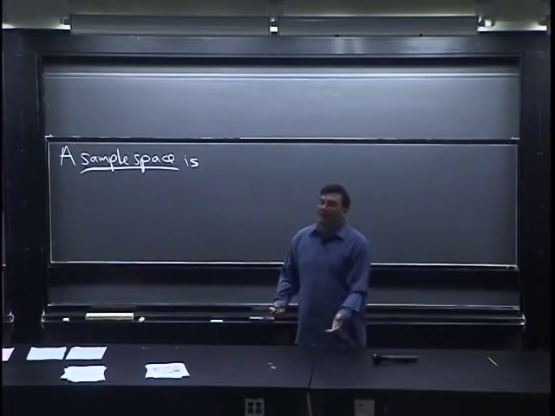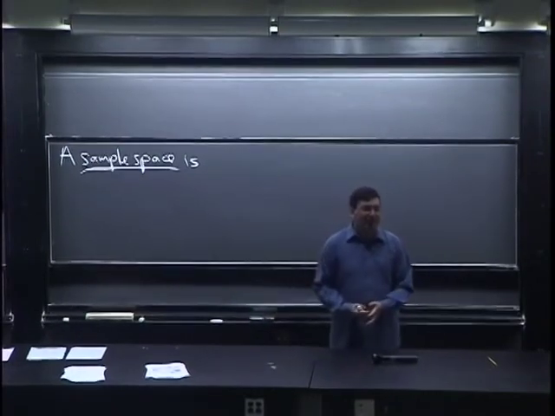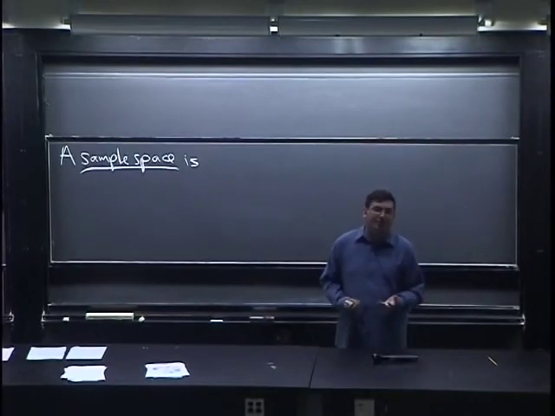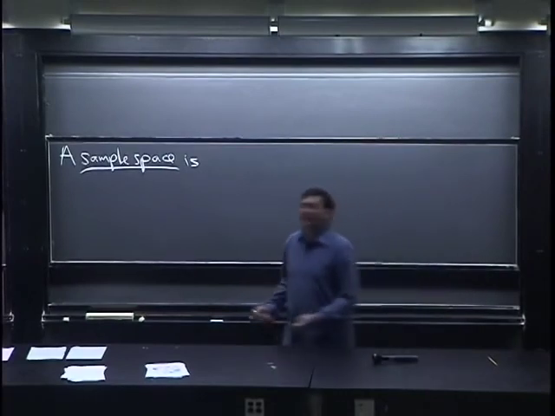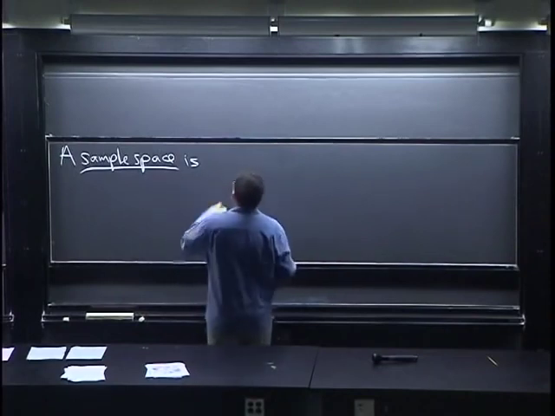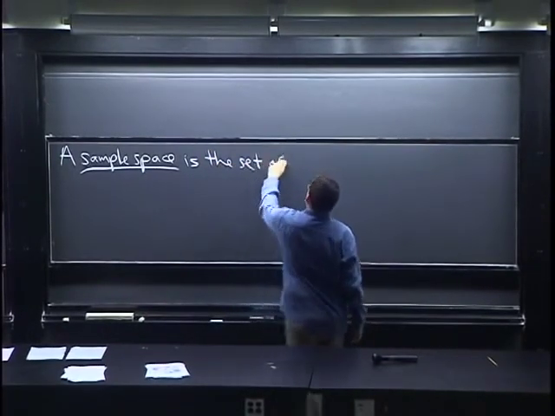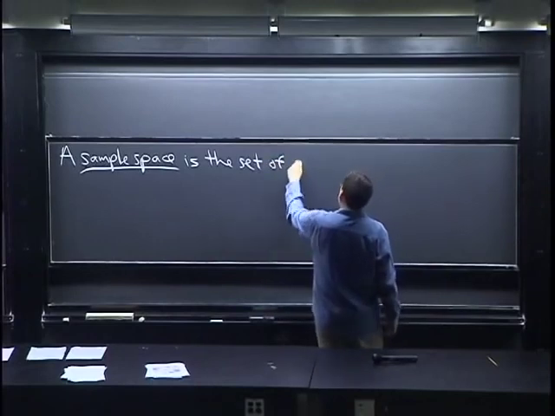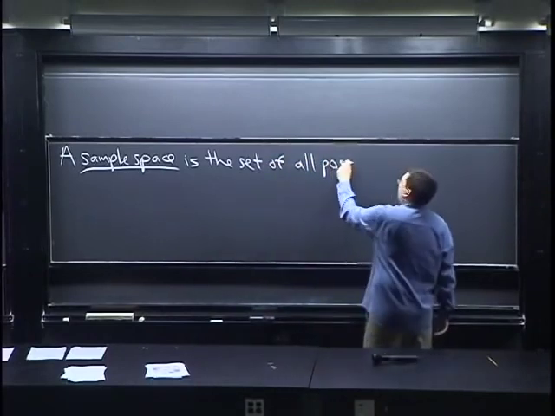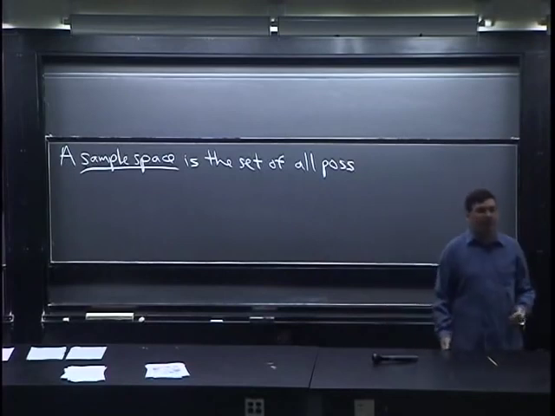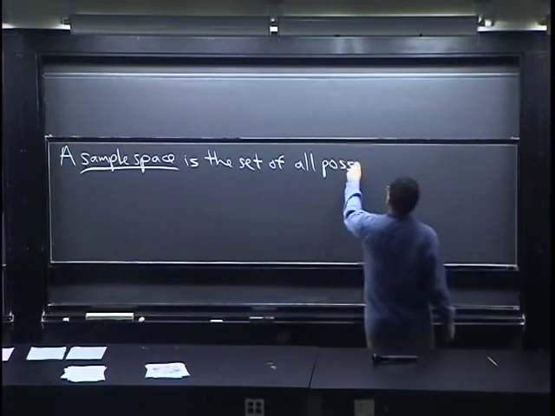You do the experiment and then something happens. Okay? So what I just said was very, very general, right? I mean, that could describe any number of situations. So a sample space is the set of all possible outcomes of an experiment. And we can interpret experiment however we want. So this is a very general concept.